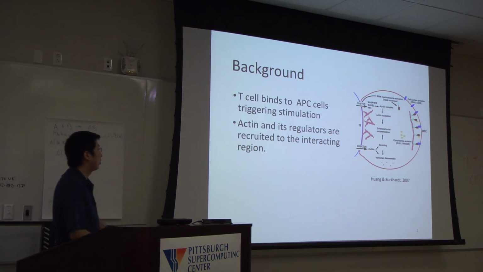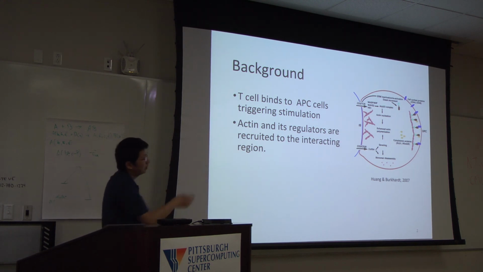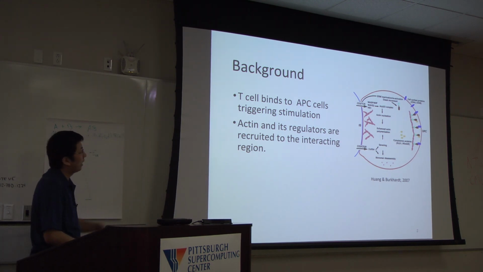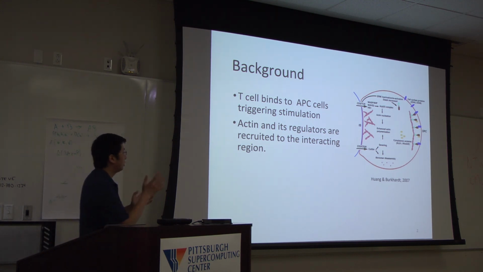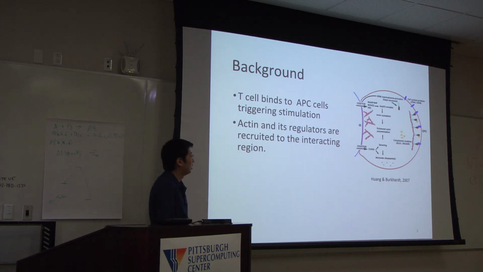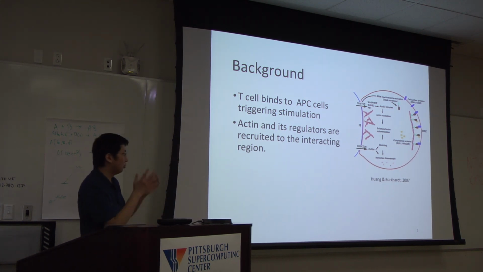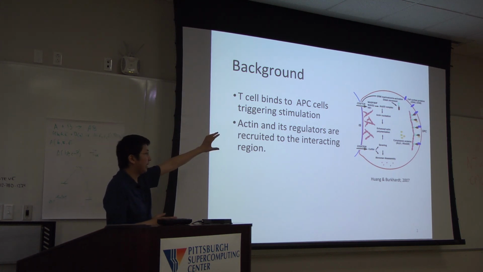First, the background of TCL. TCL is a kind of immune cell. It binds to an antigen-presenting cell to trigger its stimulation, and during this process, actin and its regulators are recruited to the interaction region.